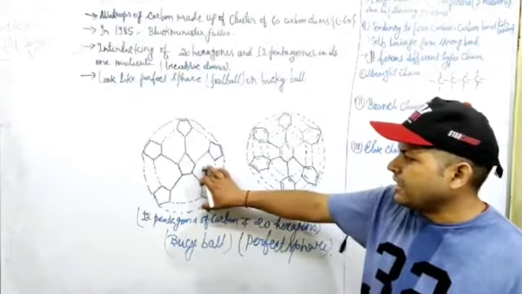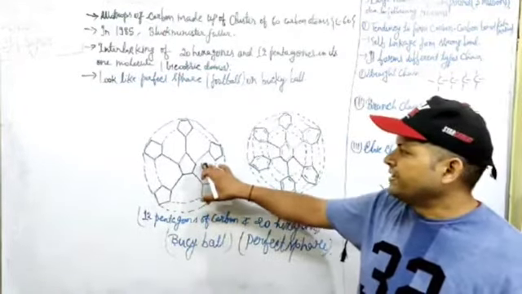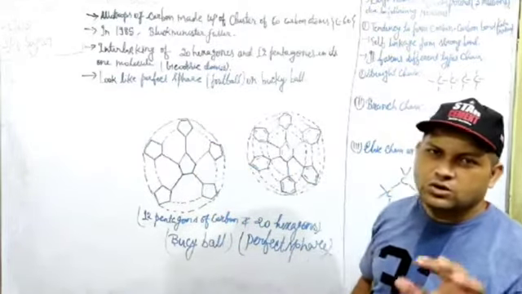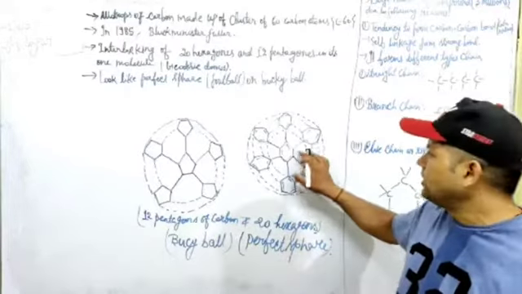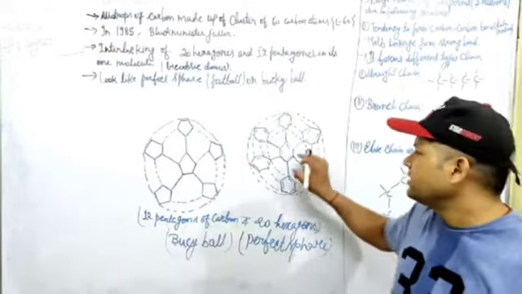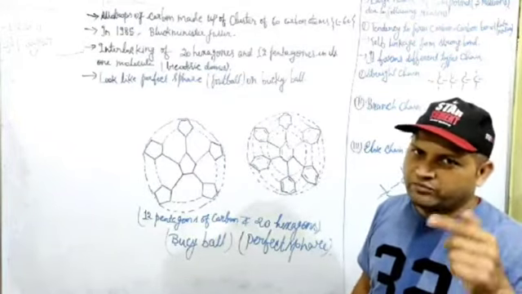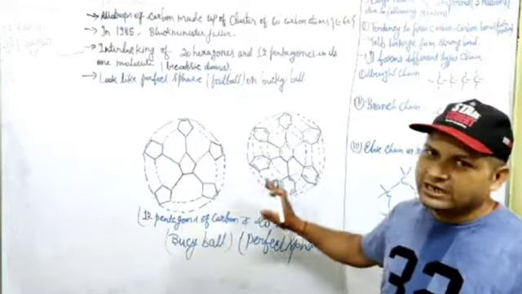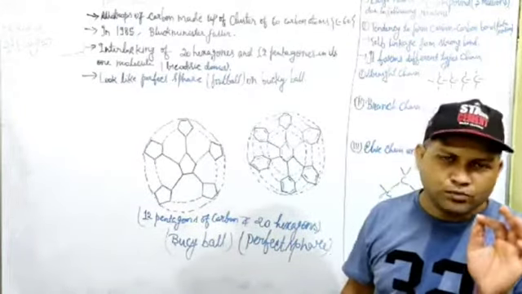Here I show the pentagon structures of carbon atoms, and here I show the hexagon structures of carbon atoms. So try to understand it clearly and remember all these things about fullerene.